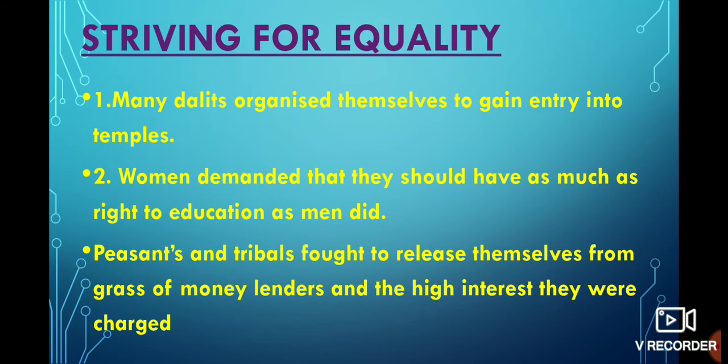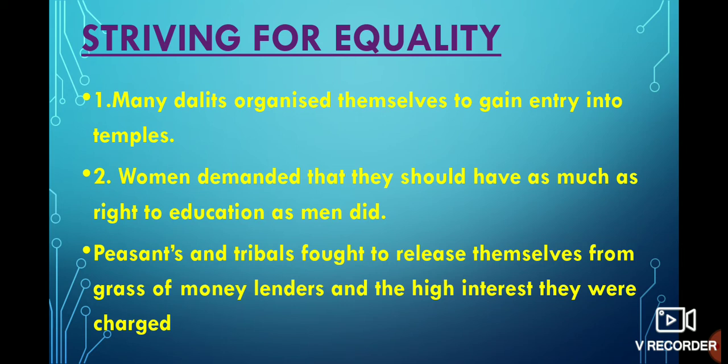Many Dalits organized themselves to gain entry into temples. Women demanded that they should have as much right to education as men did. Before independence, girls were not educated, as people thought it was not necessary. So women demanded the right to education.